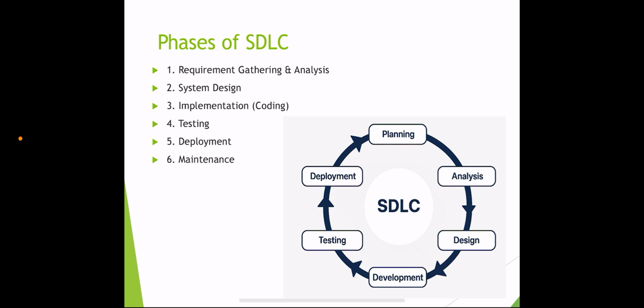QA will do thorough testing based on the requirements that we took from the product owners, and they will check whether the application is working properly according to the acceptance criteria or whatever requirement is given by the client. That in-depth testing is done in the testing phase.